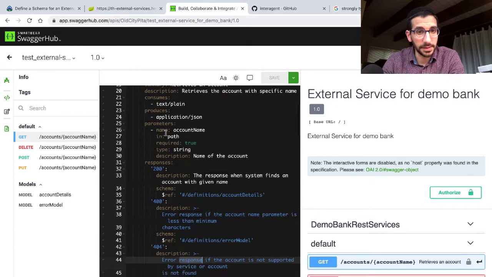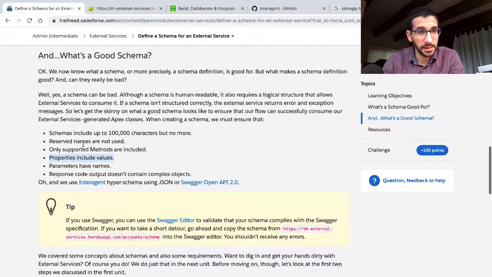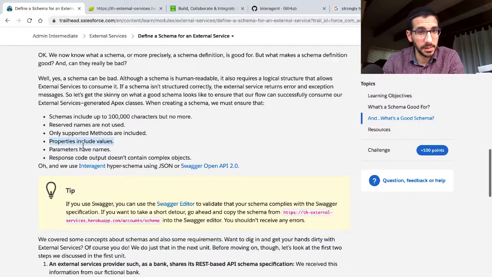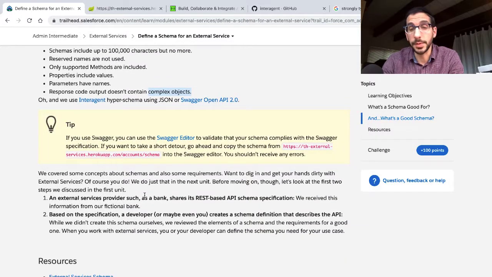I don't know what properties including values are. Parameters have names. Again, I don't really know what those things are. And there are no complex objects, whatever that means. Like a Rubik's Cube is a complex object.